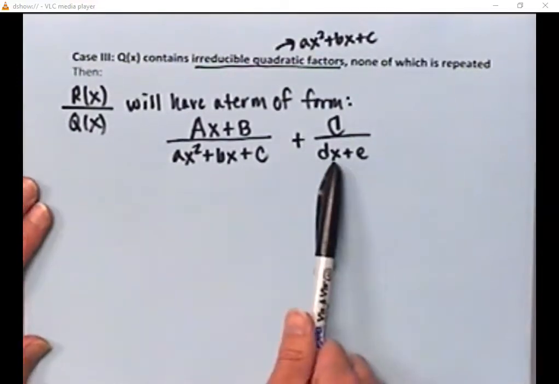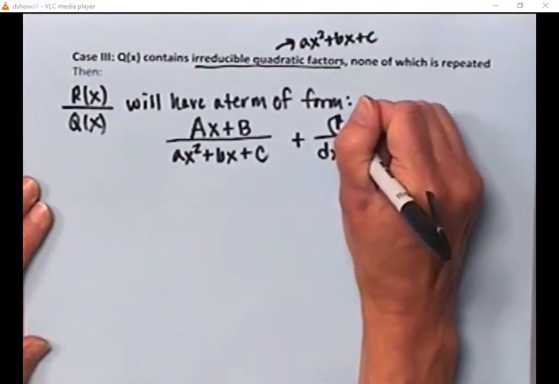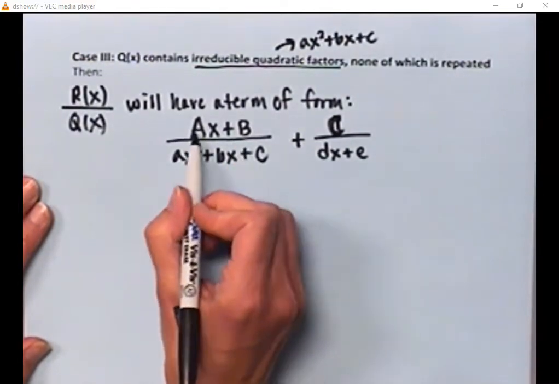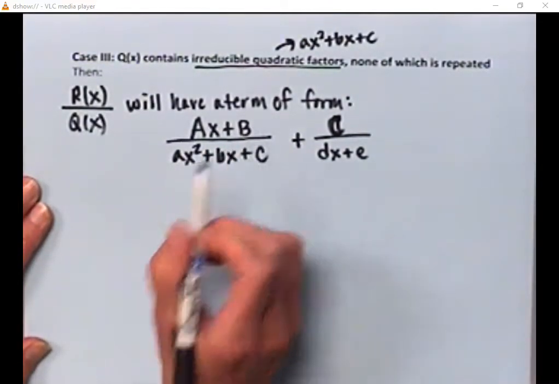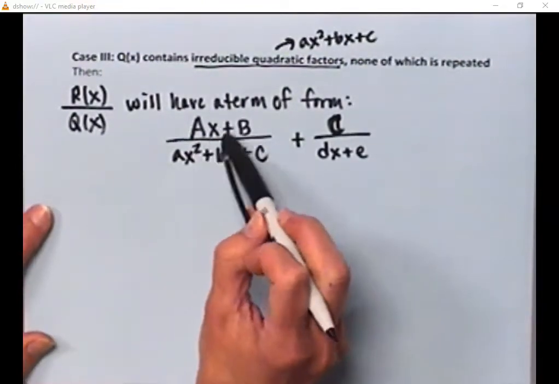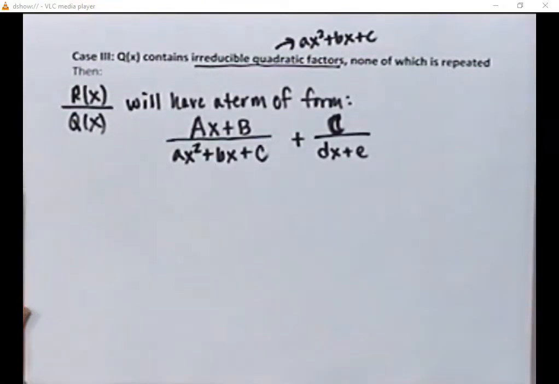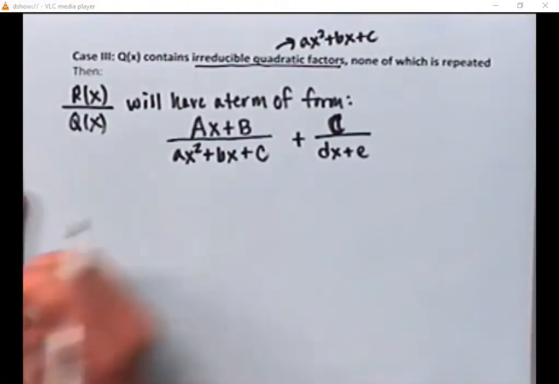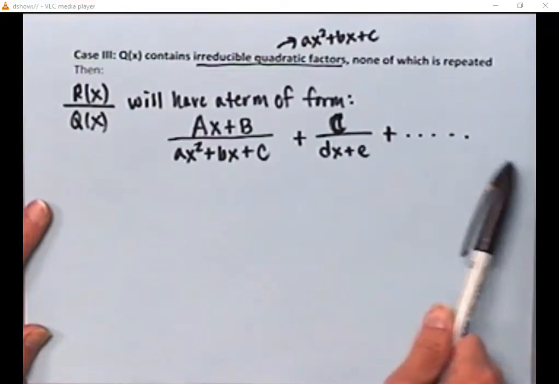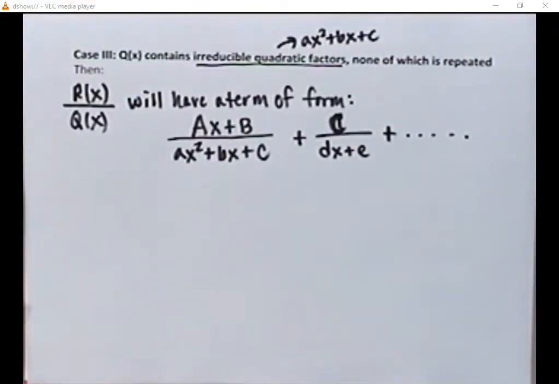So if it's just linear, it only has a constant term on top, but if it's quadratic, you have to set up two terms, one with an x and one for a constant. So linear factors in the past, we've only set them up with just a constant term on top, but quadratics could possibly have an x term as well. So that's the difference. No, you'll have more partial fractions, but that's what it would be for the quadratic factor.